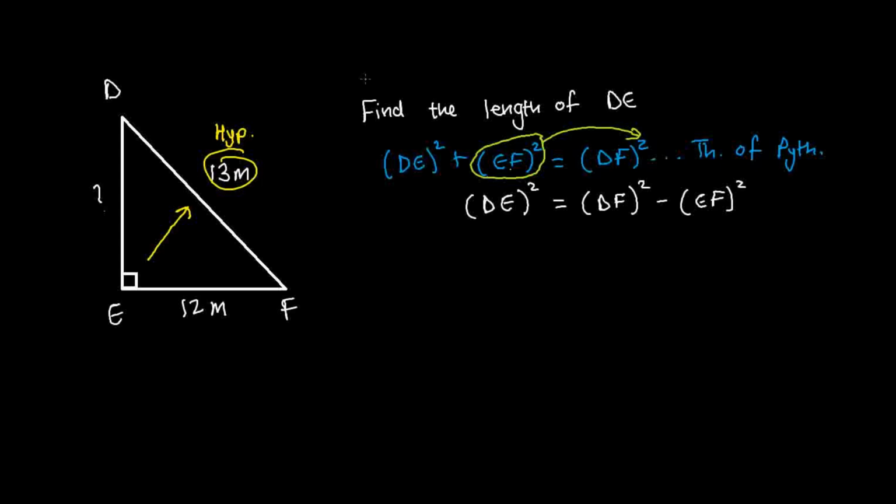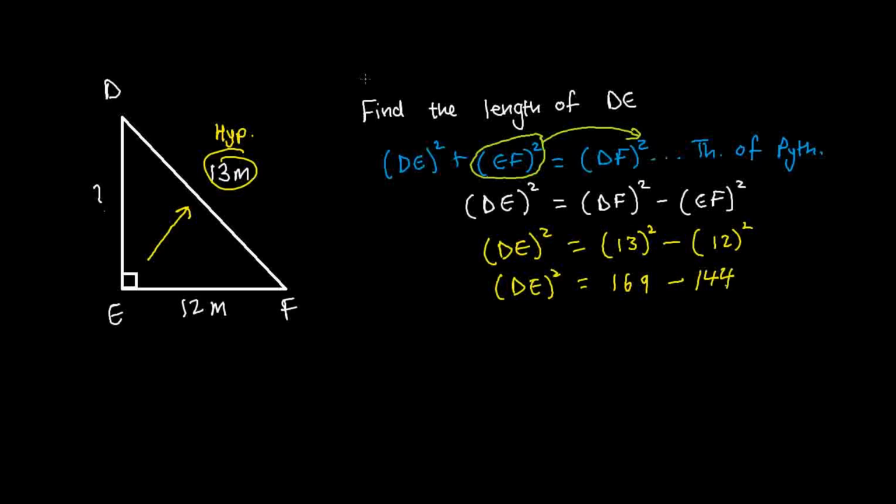So we have DE squared is equal to 13 squared minus 12 squared. So DE squared is equal to 169, because please do not say that this is 26. 13 squared does not mean 13 times 2. 13 squared means 13 times 13, minus 12 times 12, which is 144.